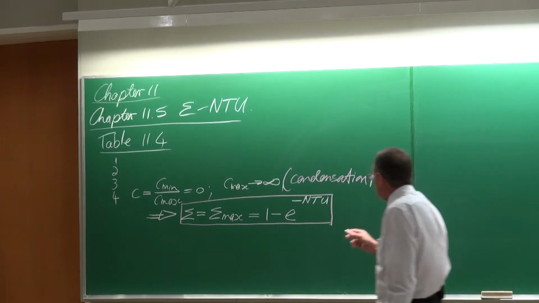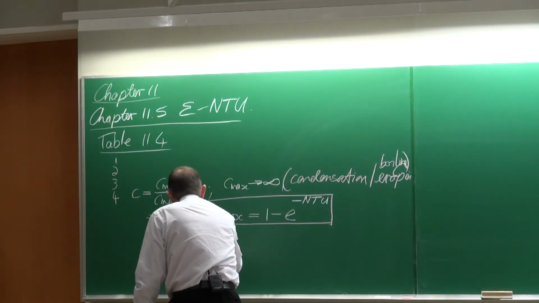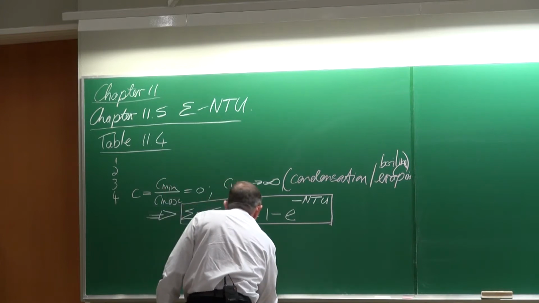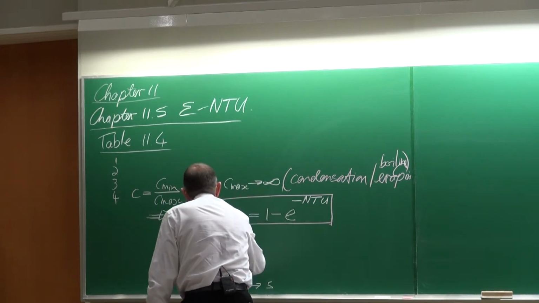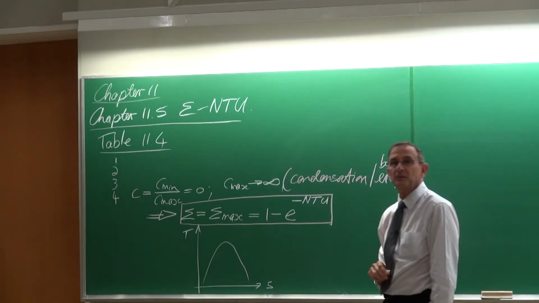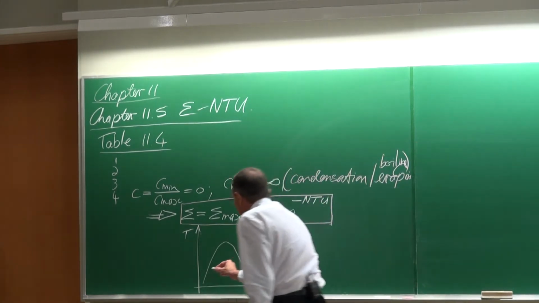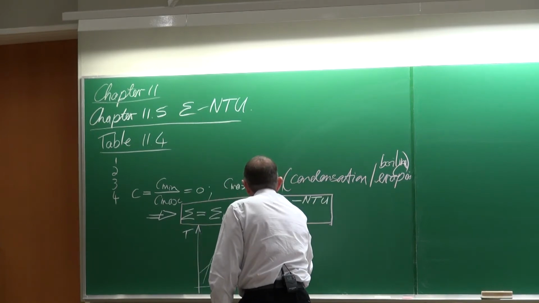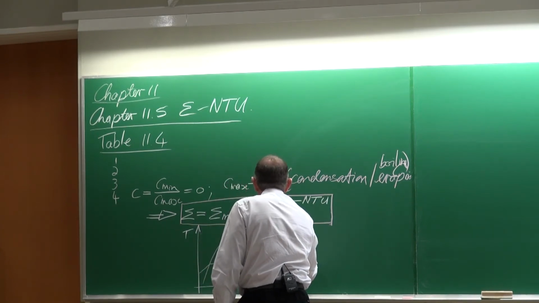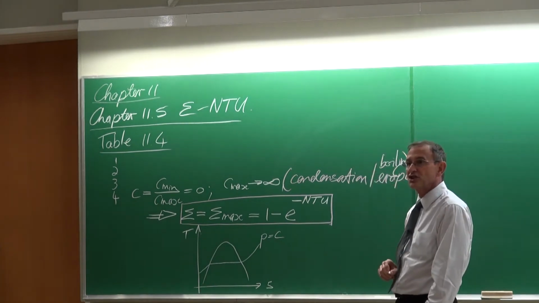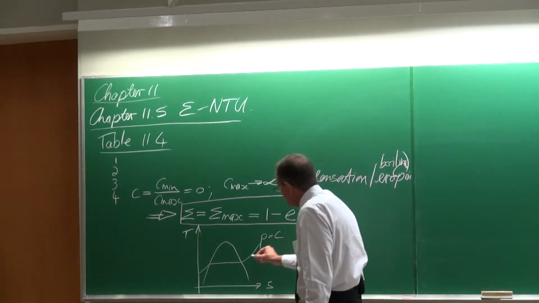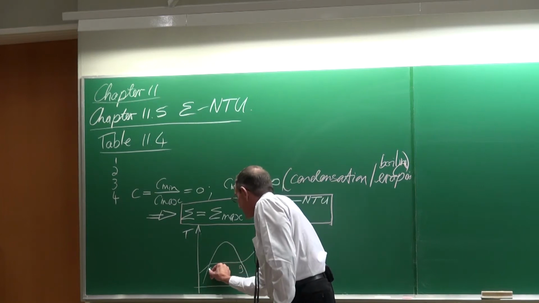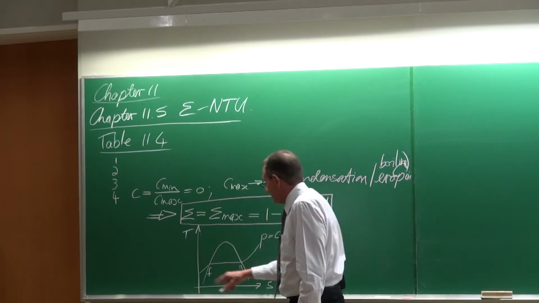When do we have condensation, boiling, and evaporation? What does it mean? If you go back to your thermodynamics, to the TS diagram, that is the saturation curve. And then for a specific pressure, so that is the line where the pressure is equal to constant. Condensation, remember, that is where everything is a gas, that is where everything is a liquid.